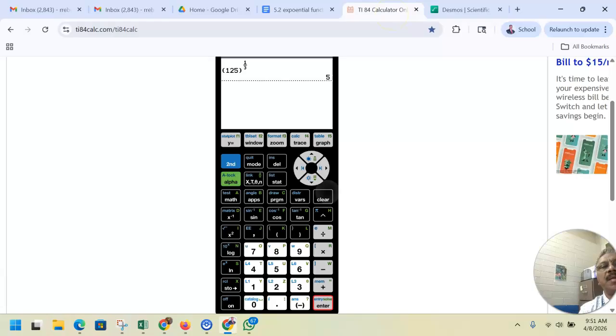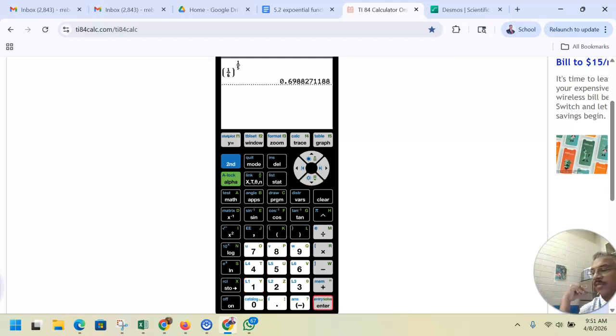I'll clear this first and put 1/6, then go up, and enter the fraction 1/5.